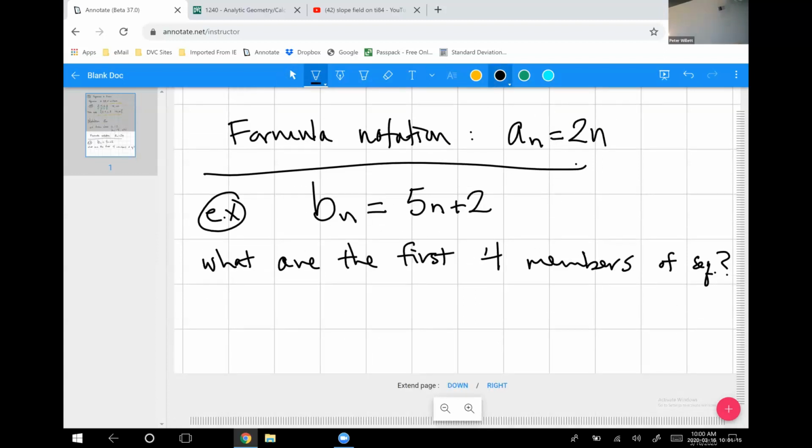To figure out the first 4 terms, you would plug the numbers 1, 2, 3, and 4 into the formula and see what we get. So B sub 1 would be 5 times 1 plus 2, which is 7.